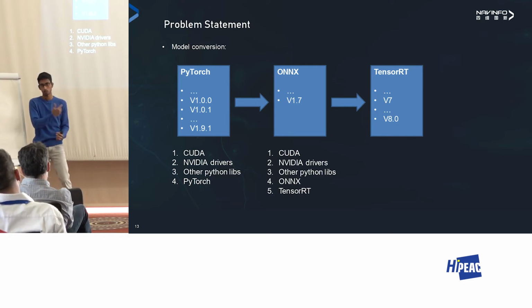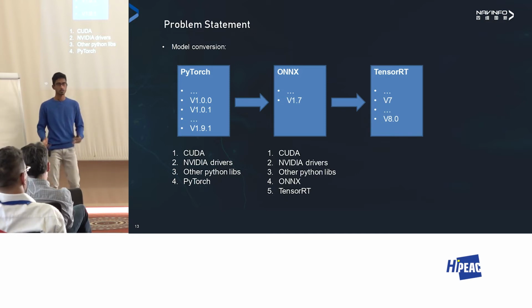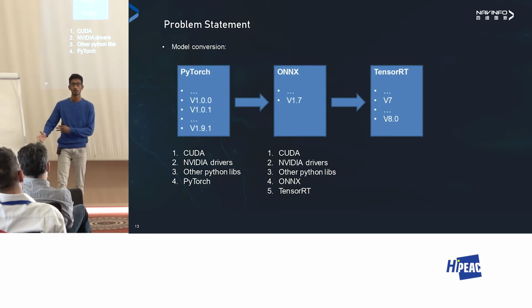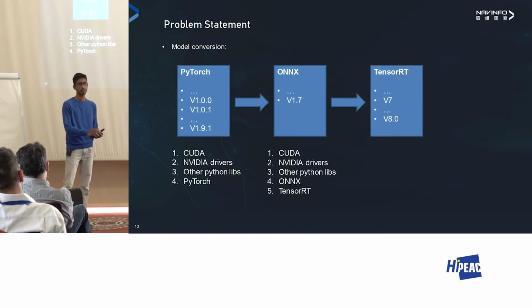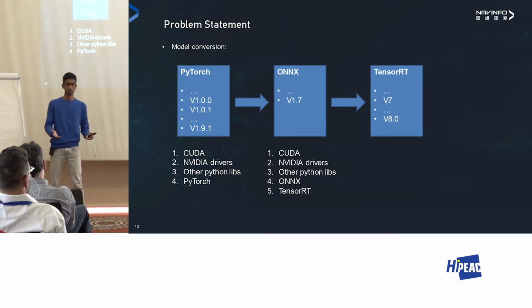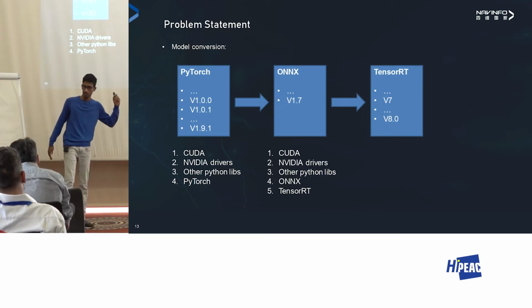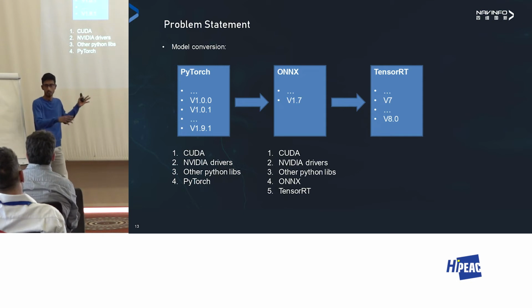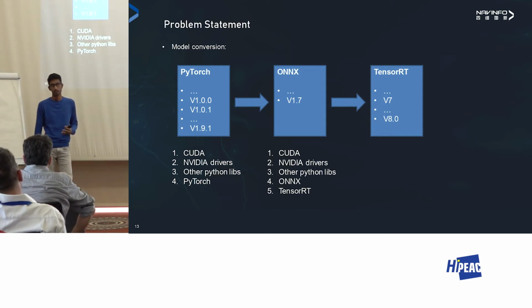I developed with 1.2, try porting it with 1.9, it throws a tantrum. It says this is not available, that is not available, apart from the code itself, apart from, say, the syntax which has changed, some of the things within the model itself would have changed by that time.